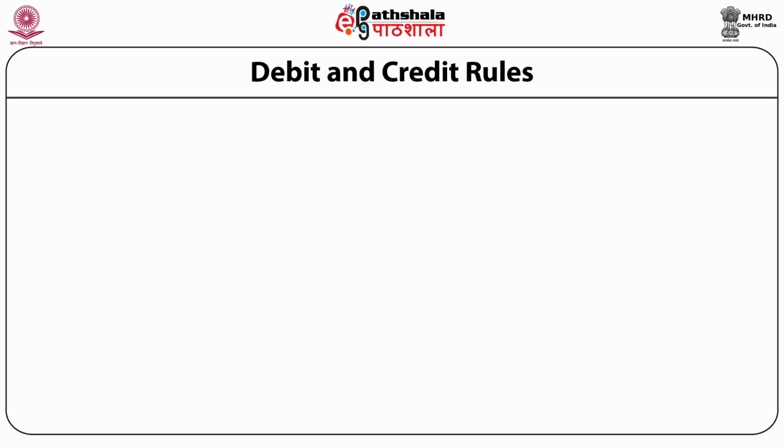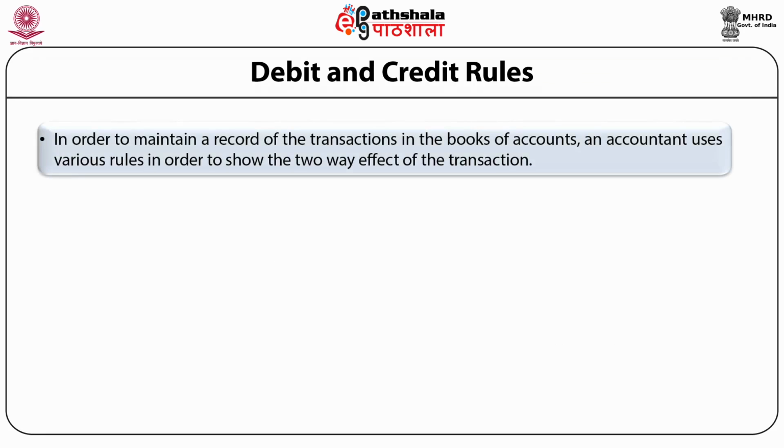Debit and credit rules. In order to maintain a record of transactions in the books of accounts, an accountant uses various rules in order to show the two-way effect of the transaction.